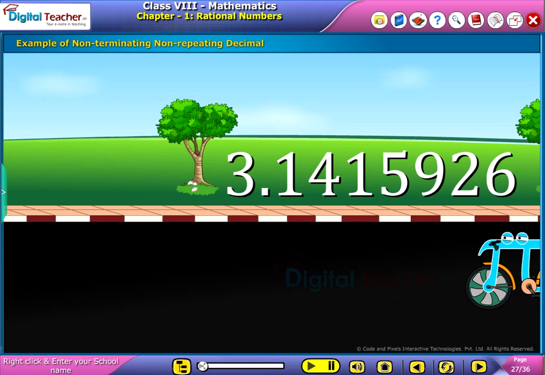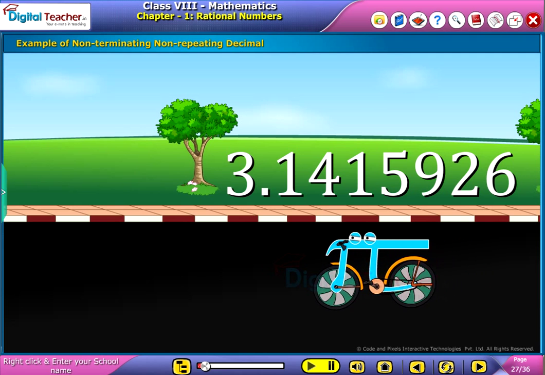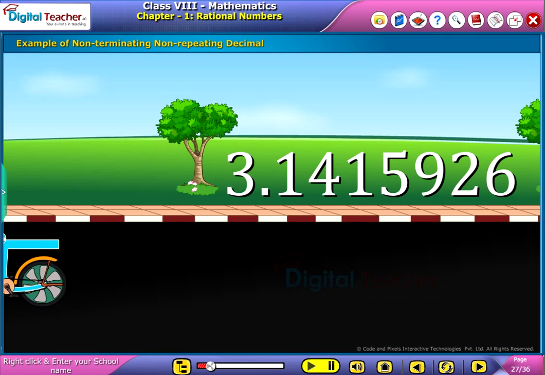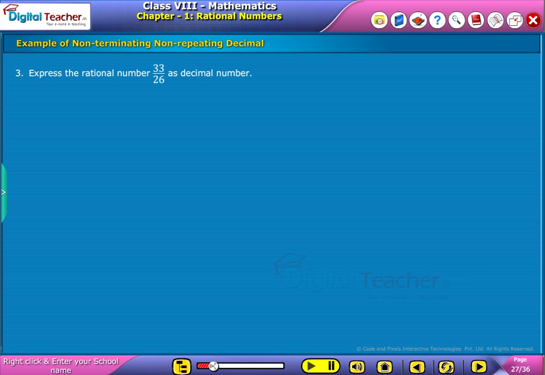Let us see an example of decimal representation of non-terminating, non-repeating decimal. Express the rational number 33 by 26 as a decimal number. Solution. When 33 is divided by 26, we get as follows.